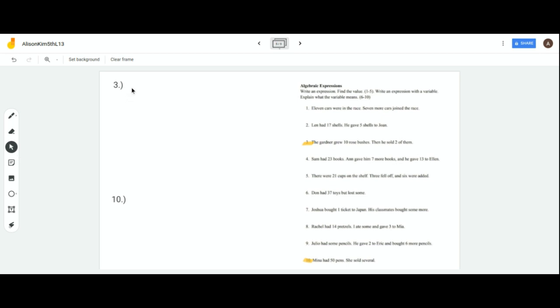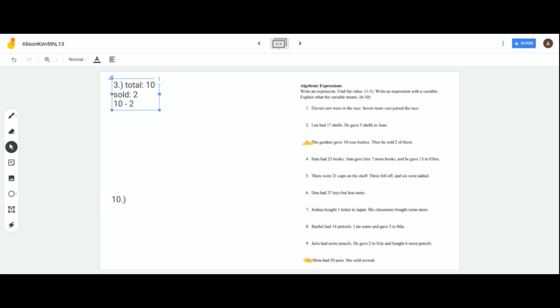Number 3 gave us: the gardener grew 10 rose bushes, then he sold 2 of them. So how much did we have in total? We had 10. And how much did he sell? 2. Now we need to find out how much we have now. So your expression will be 10 minus 2.